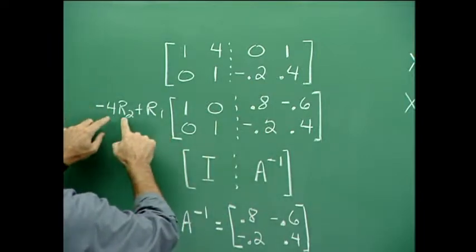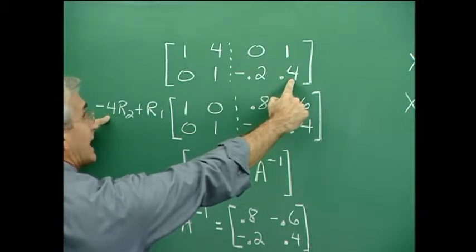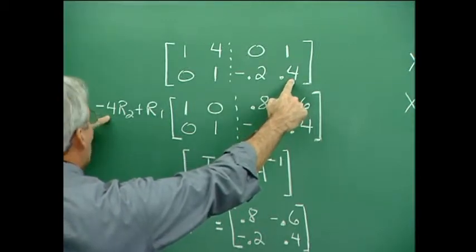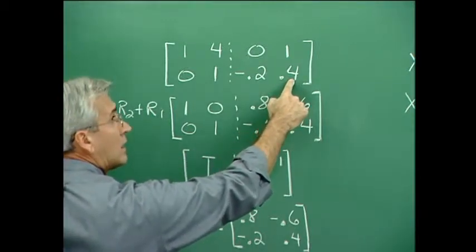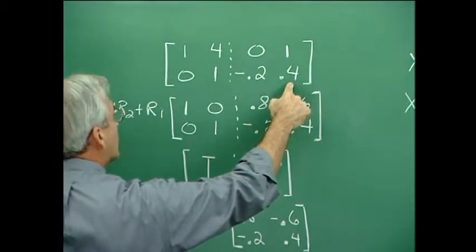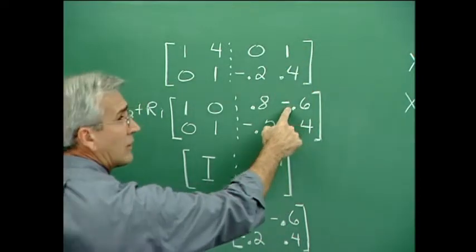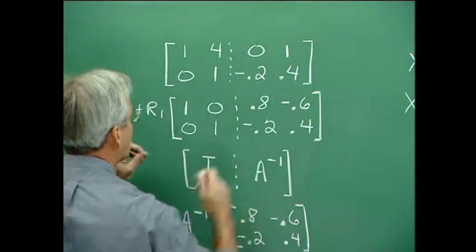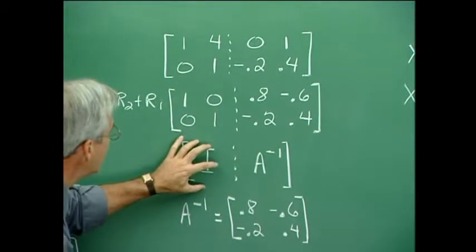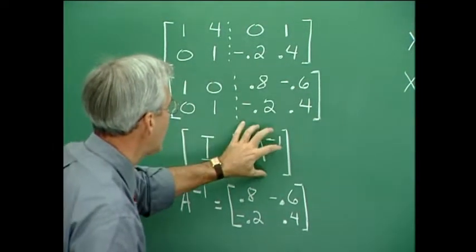And then -4 times 4/10 is -1.6. Negative 1.6 plus 1 is negative 0.6. All the work is done pretty much here because this is the identity matrix entries, and these are the entries for A inverse.